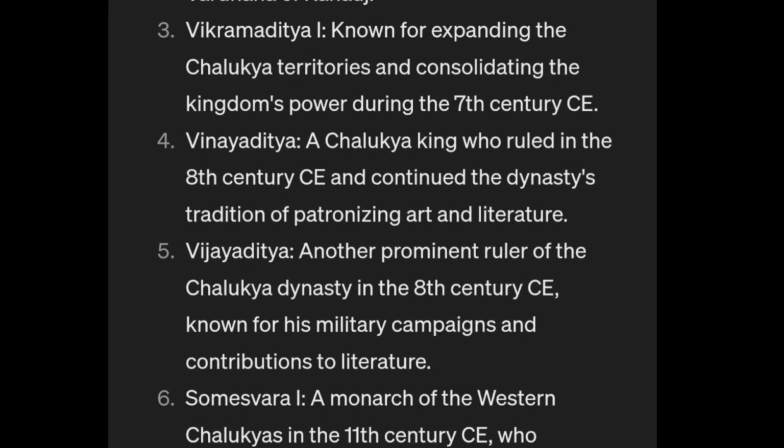They fought many battles with the Pallavas. After the death of Pulakesin II, the Pallavas captured much of the Chalukya territory for almost 13 years. But Vikramaditya II again defeated the famous kings of the Pallava dynasty and captured their capital Kanchipuram.